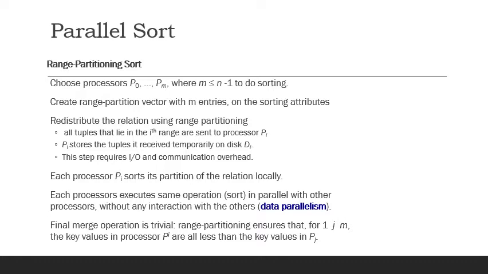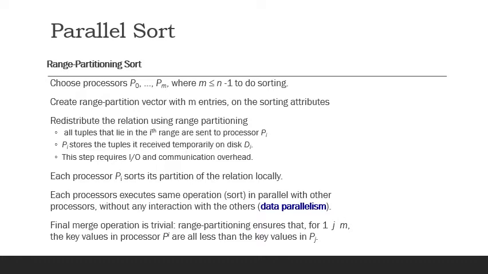First, create a range partition vector with m entries on the sorting attributes. Redistribute the relation using range partitioning. All tuples that lie in the ith range are sent to the processor Pi. Pi stores the tuples it received temporarily on disk Di. The step requires input and output and communication overhead.